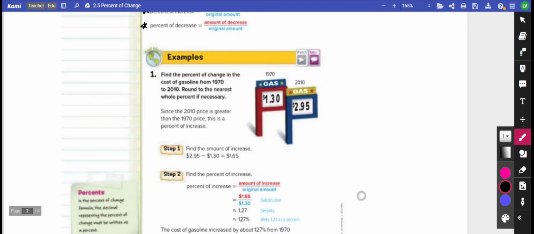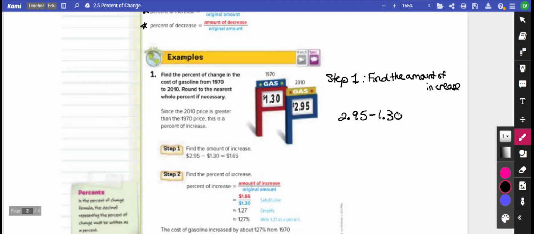So we start with step 1, finding the amount of increase. If it is $2.95 in 2010 and $1.30 in 1970, I subtract these two values. That gives me $1.65.